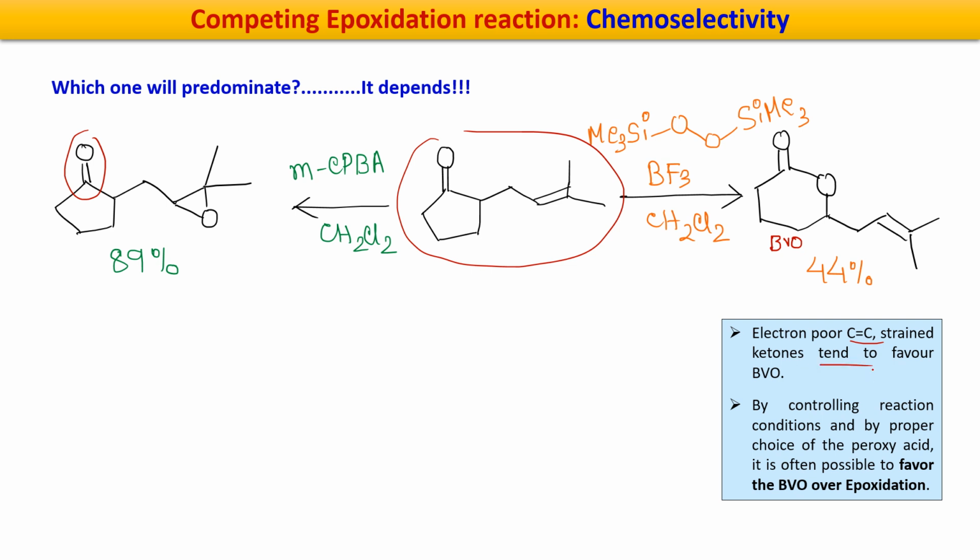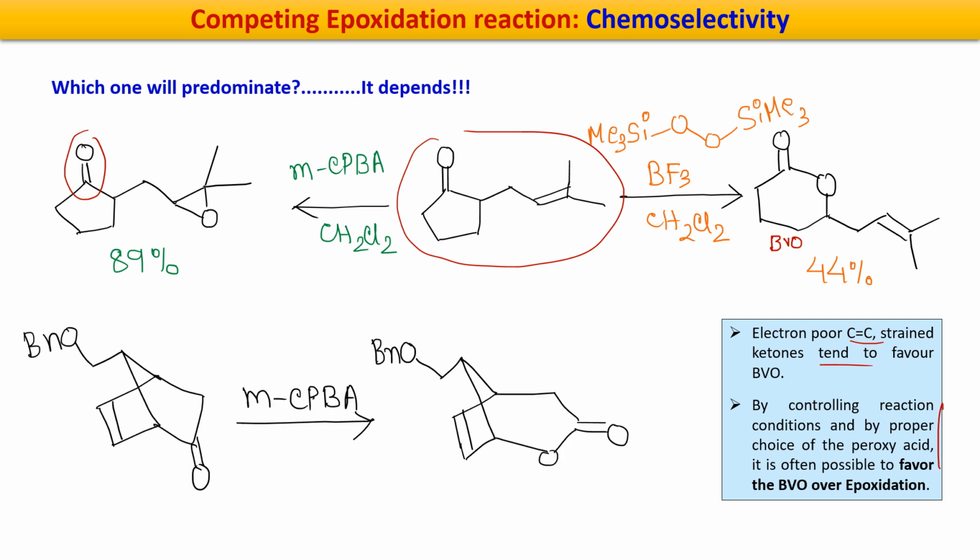And strained ketones tend to favor Baeyer-Villiger, because after the reaction the strain is released. Then by controlling reaction conditions, with proper choice of peroxy acid, it is often possible to favor Baeyer-Villiger over epoxidation. So the books that I will mention in the description box, you can check for details.